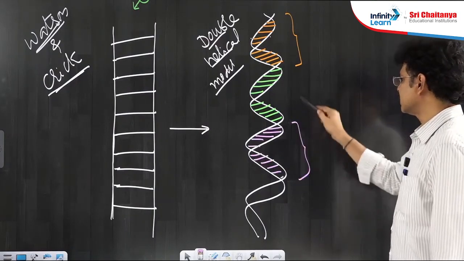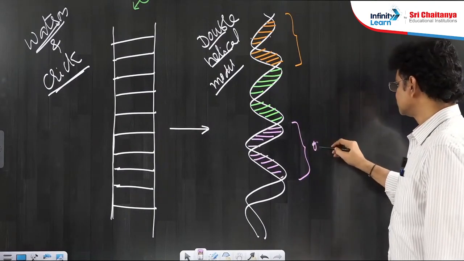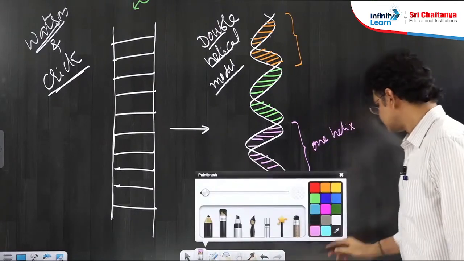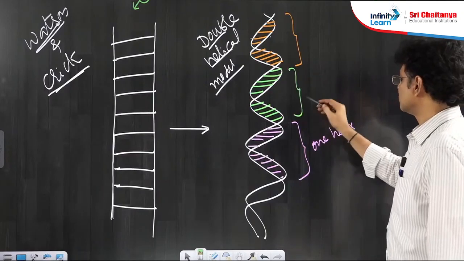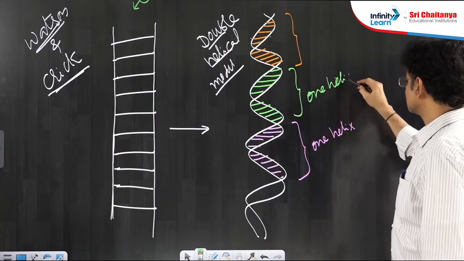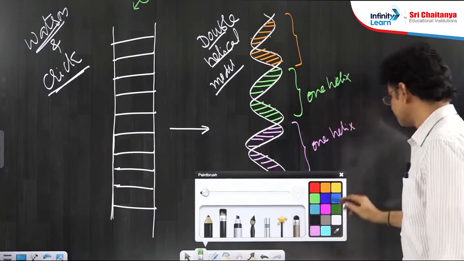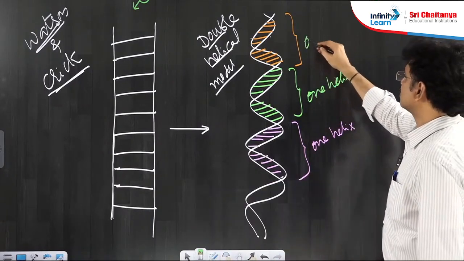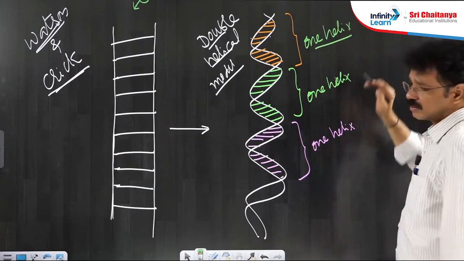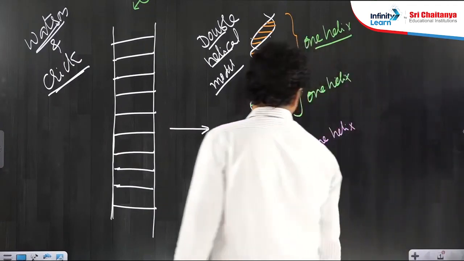From here to here is one helix, or one coil. This is one more coil, and this is also one more coil. Coil, helix, turn, all are similar words.